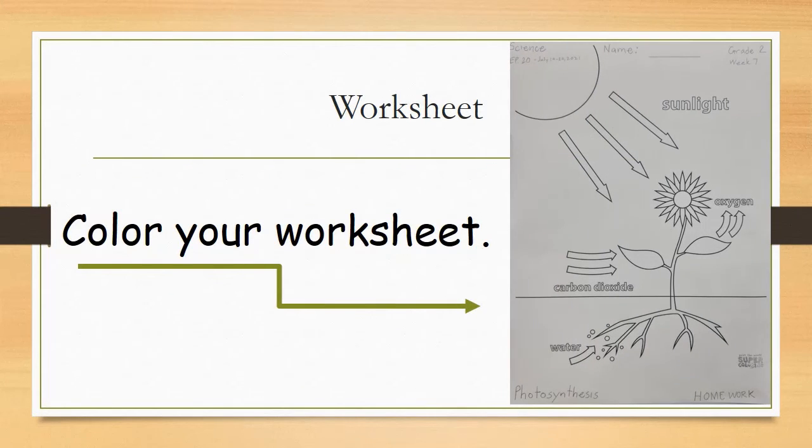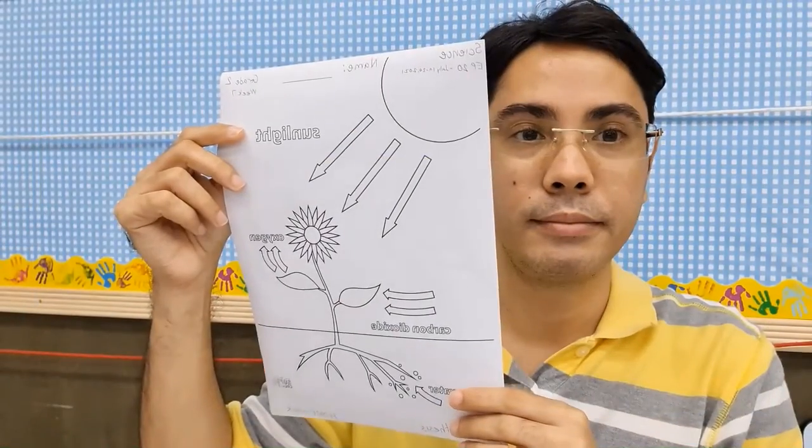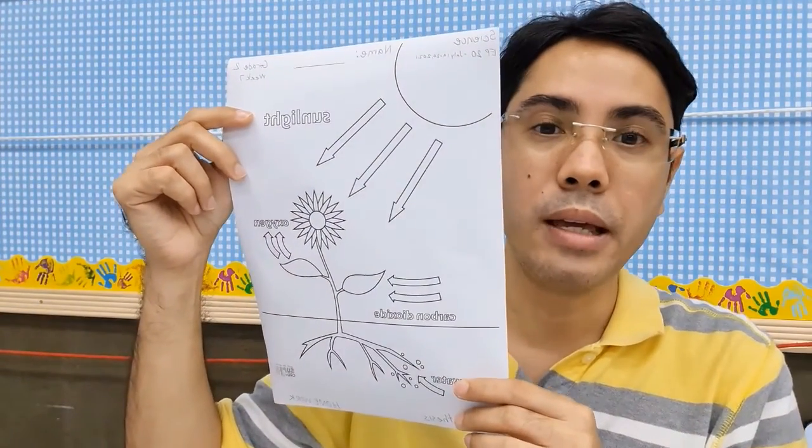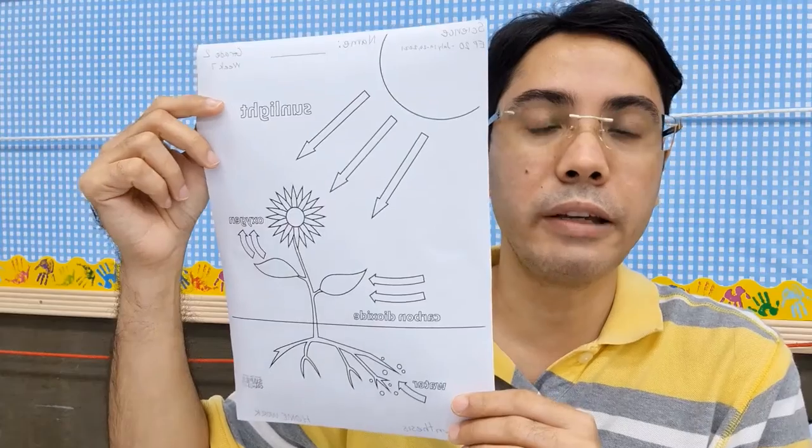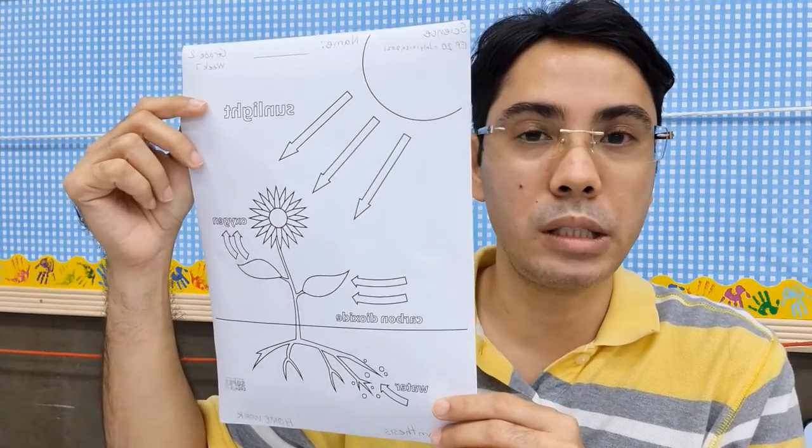Now, I will explain in the next video about this worksheet. You will color because this will be again our next lesson, photosynthesis. Okay, this is a worksheet that I will give you about photosynthesis.